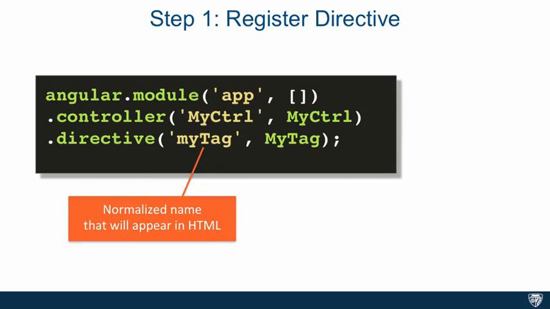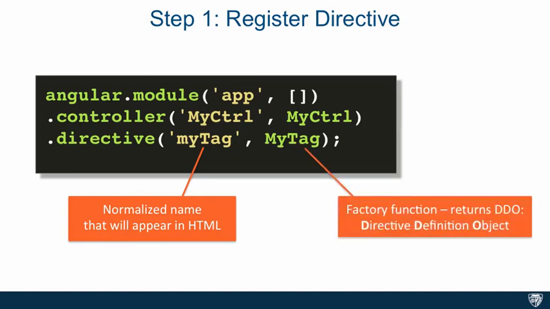And I'll explain what's meant by normalized shortly. The second argument is the factory function that returns what's called a DDO, otherwise known as a directive definition object. The DDO is basically a configuration object that tells the Angular compiler how this directive should behave when Angular finds this tag or element or attribute in our HTML.